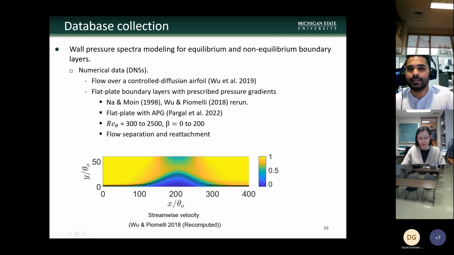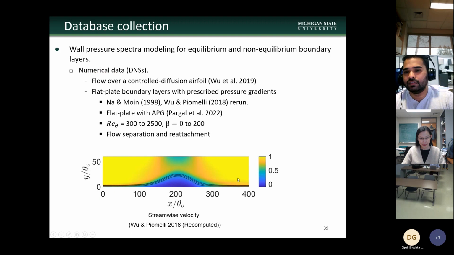For the direct numerical simulations, in addition to the DNS simulations which I discussed in the previous slides on the flat plate and airfoil, we ran further simulations. We reran the simulations done by Na and Moin and Wu and Piomelli, which had flow separation scenarios, so that we can capture the wall pressure spectra at different streamwise locations before separation, within the separation, and after reattachment.